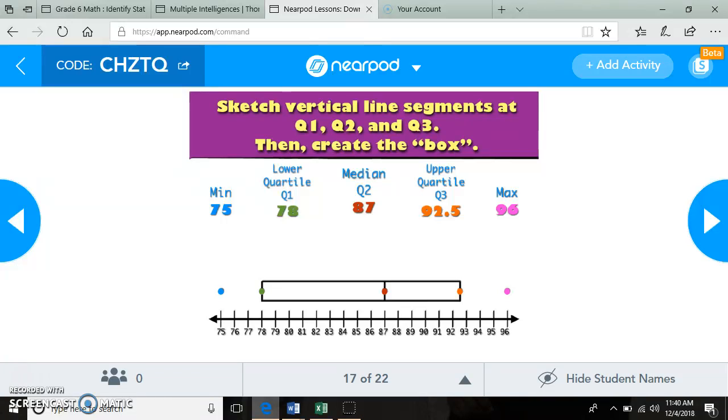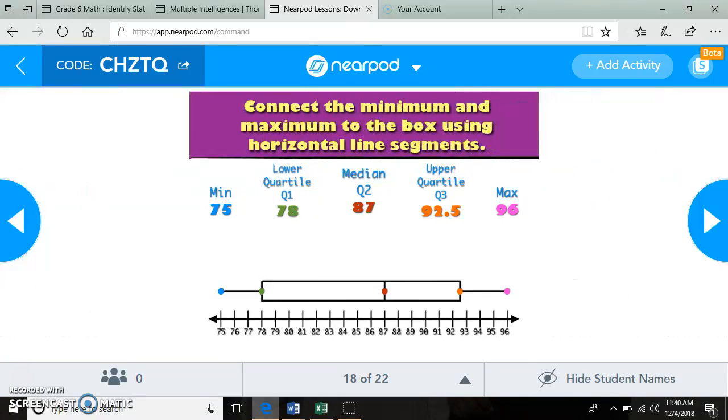You first make the lower quartile and the upper quartile touch each other. This is usually in a rectangular form. And then you cut that at quartile 2, which is the median. And now we have to connect the min and max. And how you do that is you connect the min to the lower quartile and the max to the upper quartile.